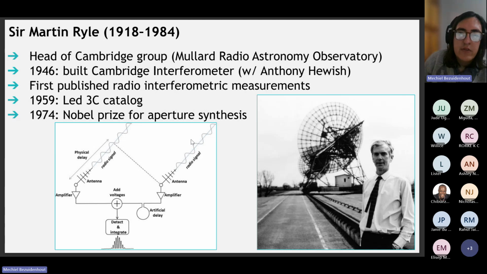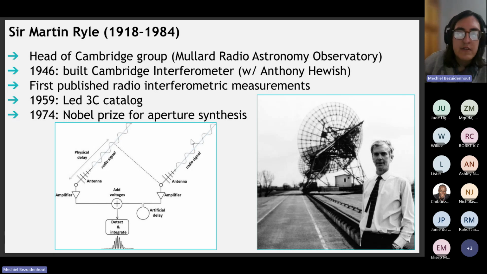That group went on to found the Mullard Radio Astronomy Observatory outside Cambridge. In 1946, they built the Cambridge Interferometer with Anthony Hewish, and using that, they published the first radio interferometric measurements of the sky.